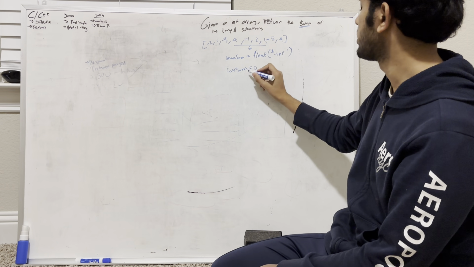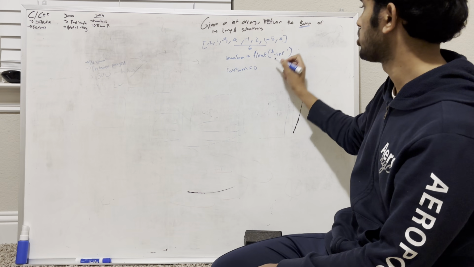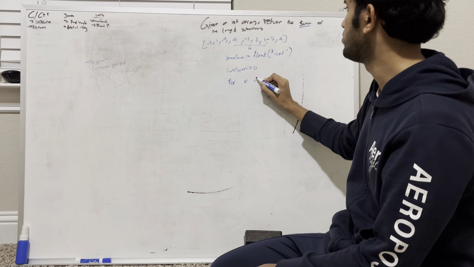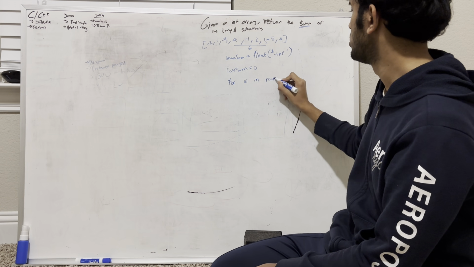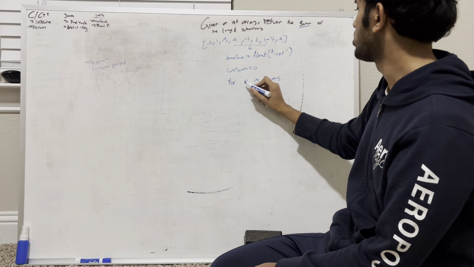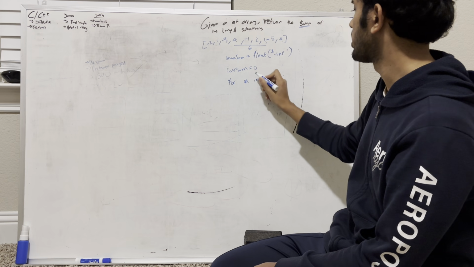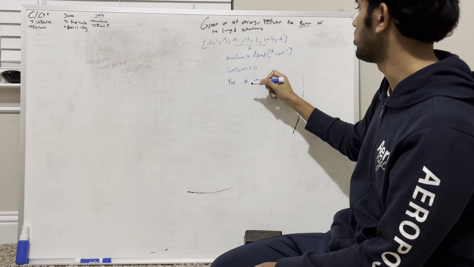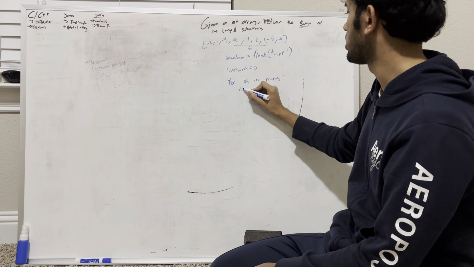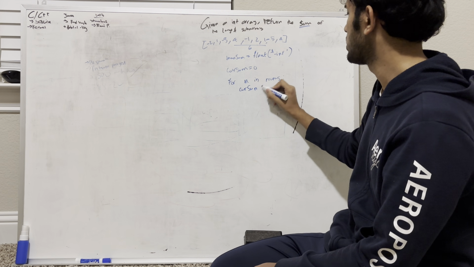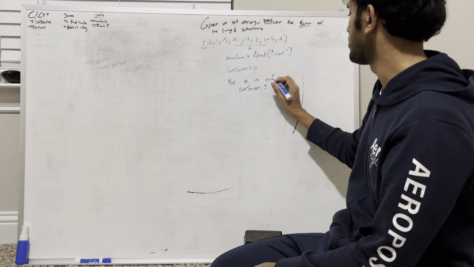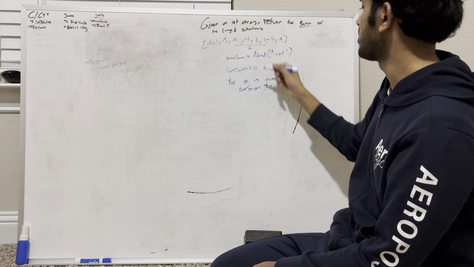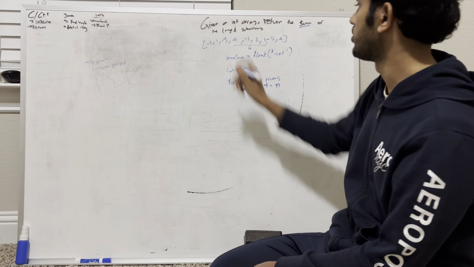So here the current sum is 0, and max sum is the smallest possible number. For n in nums, we'll add the current number to the current sum: current sum plus equals n, which is -2.